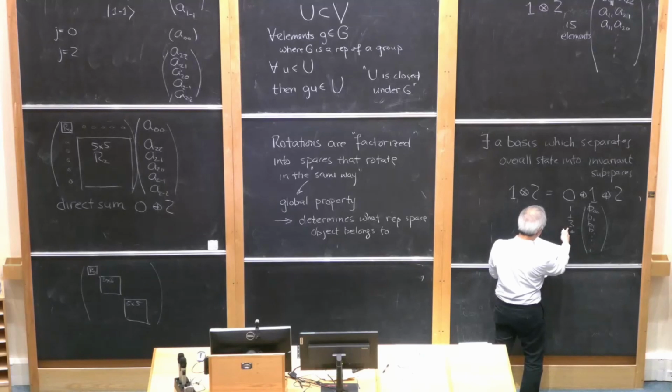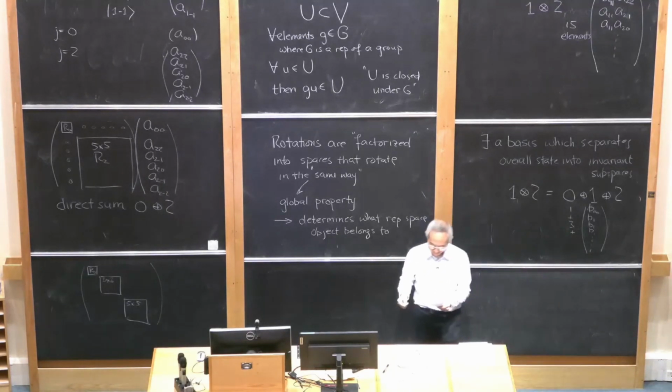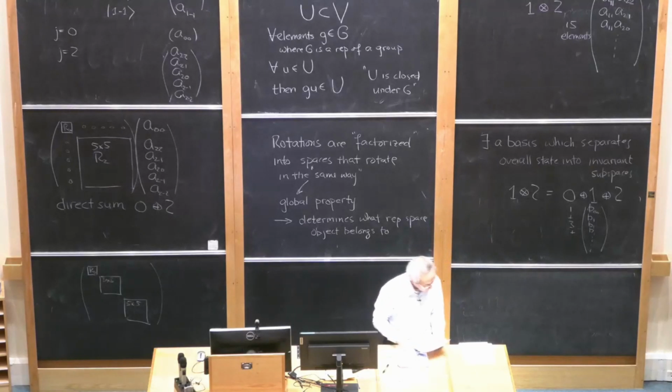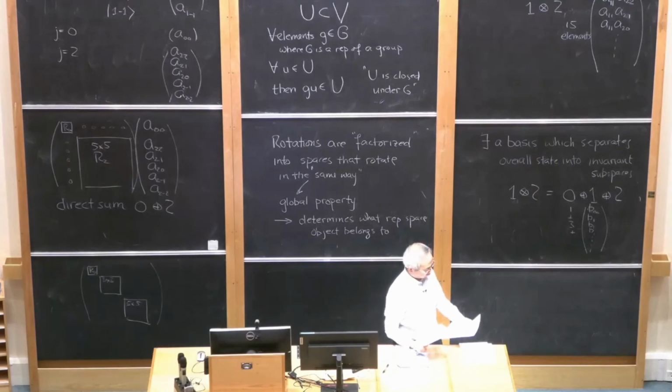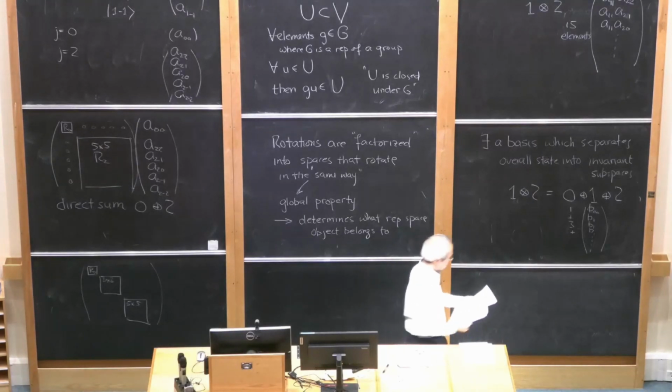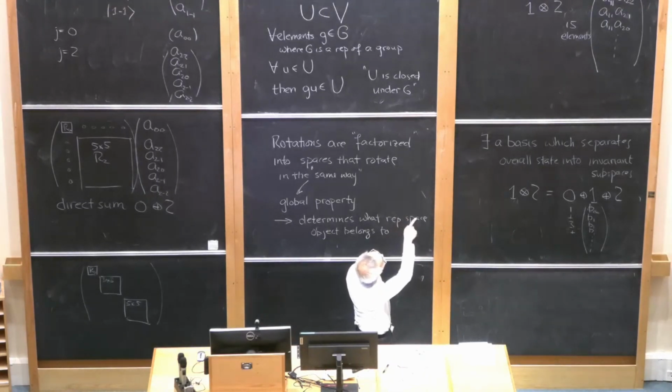Wait, I have actually written down something that must be slightly incorrect here. What did I do here? We had 3 times 5.